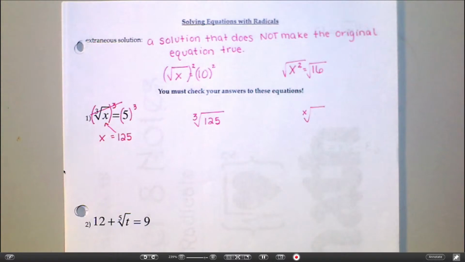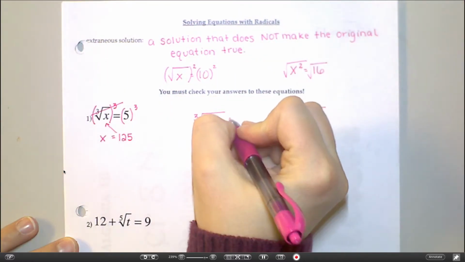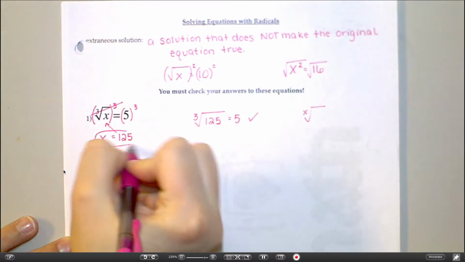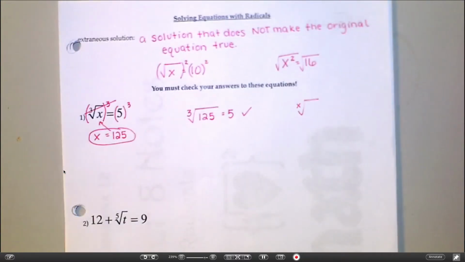So you need that 3 kind of floating up over the radical. Did you get 5 as an answer? Yeah. And that's what we were supposed to get, right? So we're good. So that checks. This is our correct answer. X does equal 125.